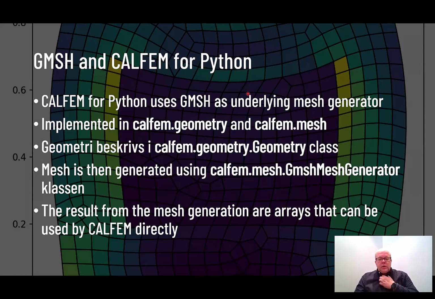So what you get out of the mesh generation in CalFEM Python is the normal arrays that you have used until now.